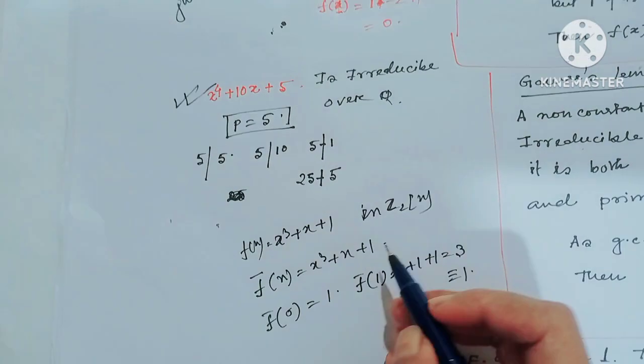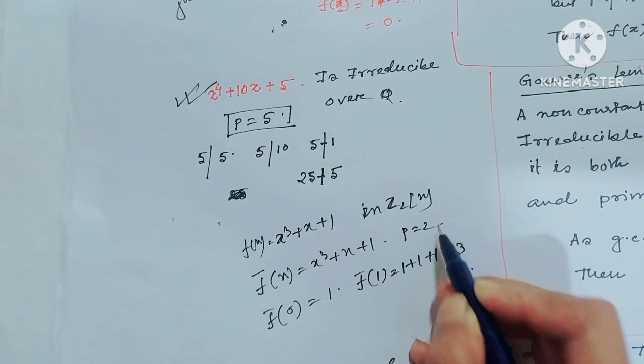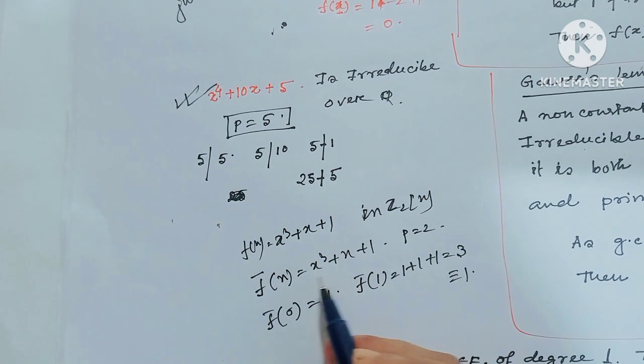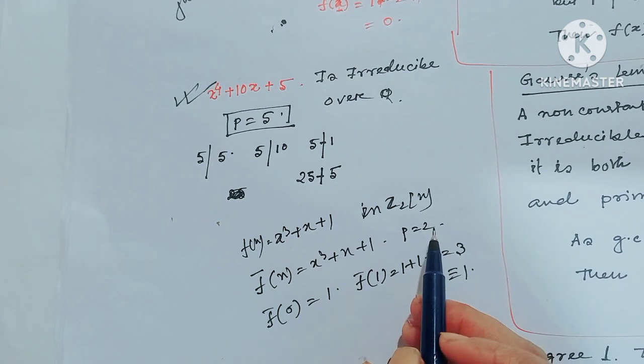Therefore, for this prime p equal to 2, f bar x is irreducible over Z2.